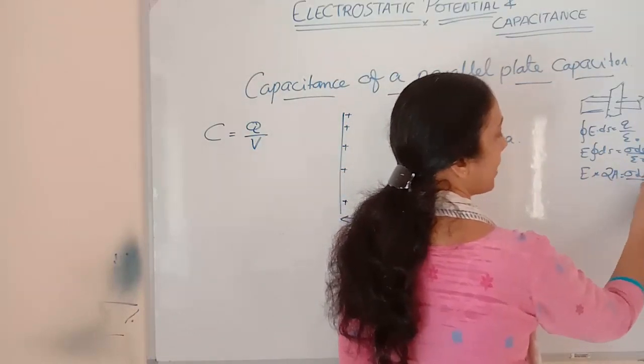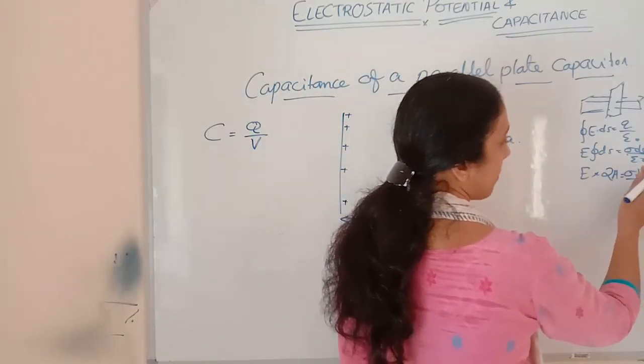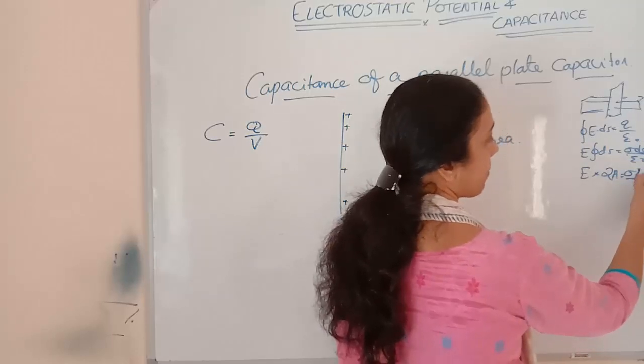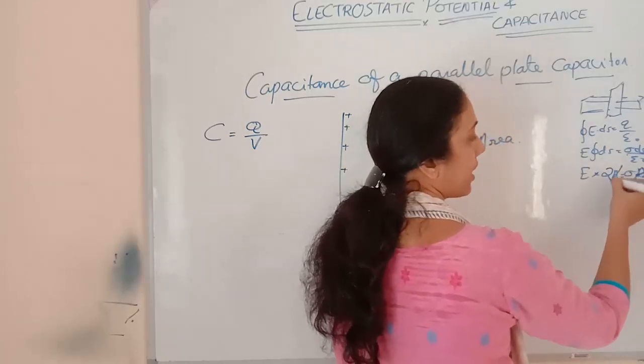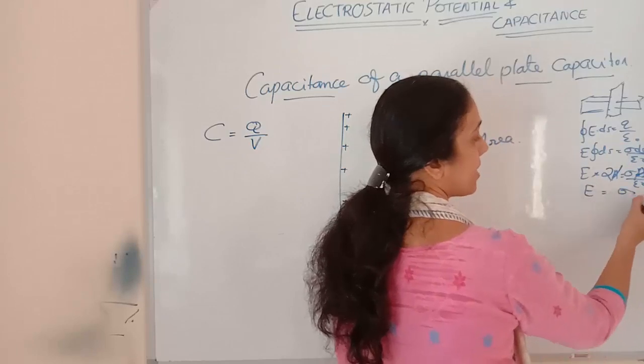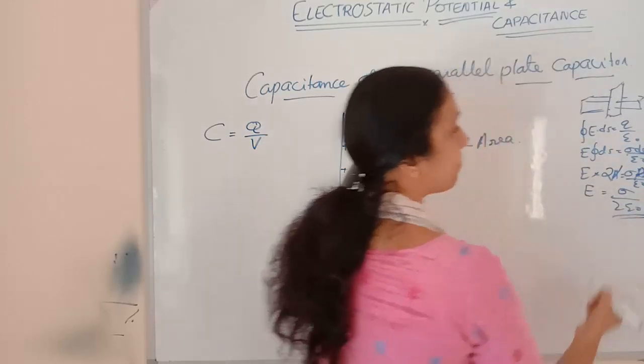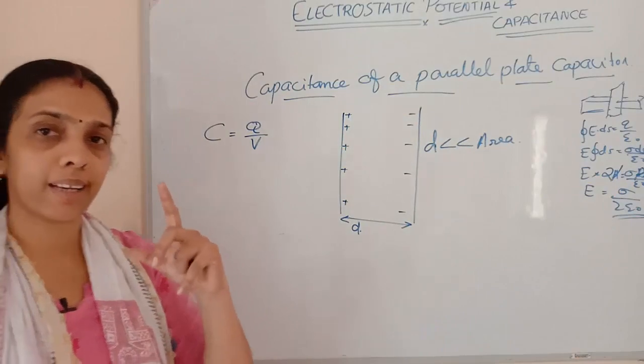Sigma ds is sigma A, so A and A cancel. We get sigma by 2 epsilon 0, the electric field of a parallel plate.